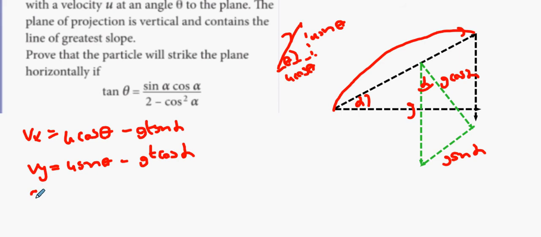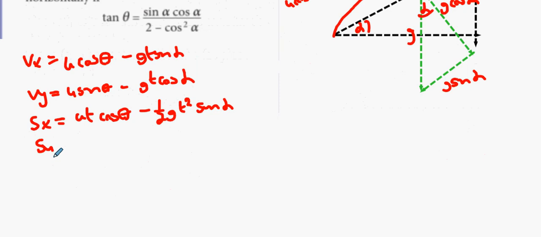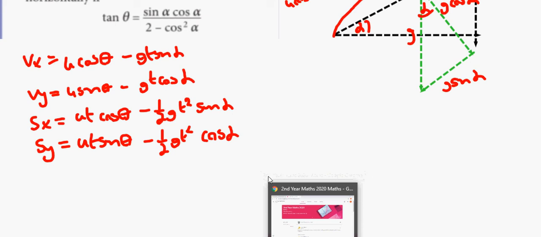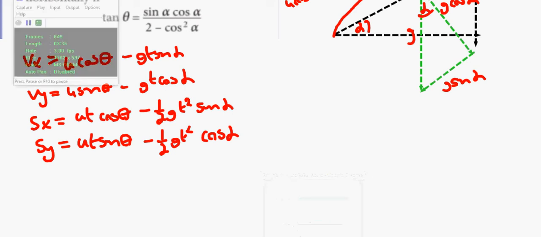It means Sx is ut cos theta minus a half g t squared sine alpha, and Sy is ut sine theta minus a half g t squared cos alpha. And learning from all our previous weeks, we're going to pause it here and we're going to have a good look over it again.